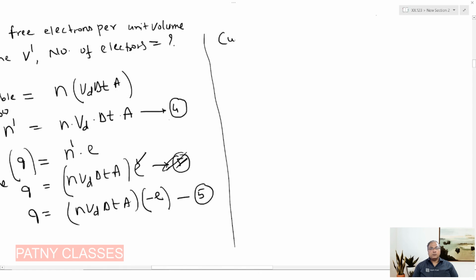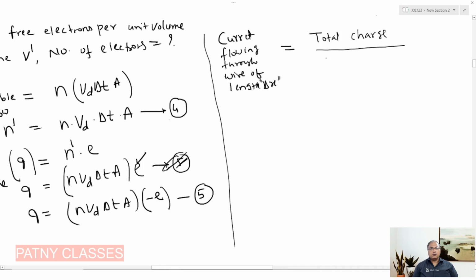Now the current flowing through a wire of length delta x equals total charge upon total time.